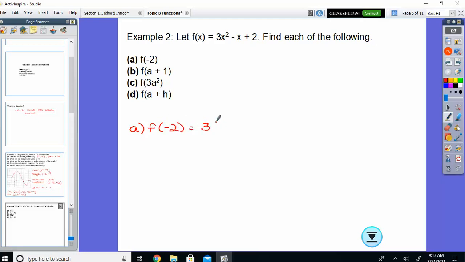That just means you go to your equation and you replace all of these x's with a -2. So -2 squared is 4, times 3 is 12, plus 2 plus 2, and we get 16.